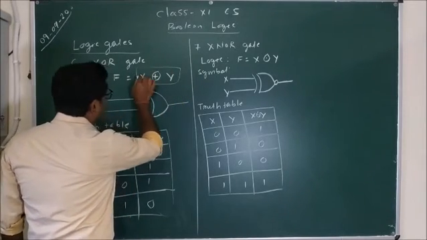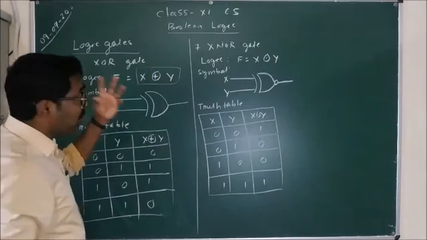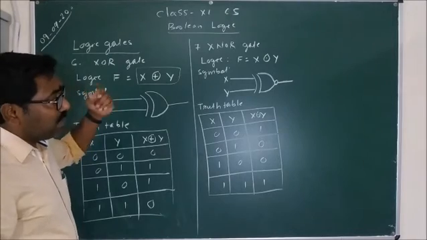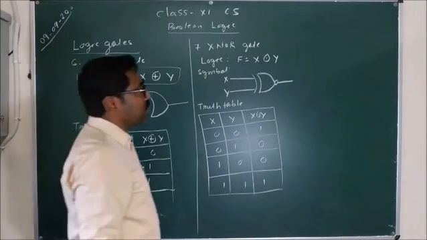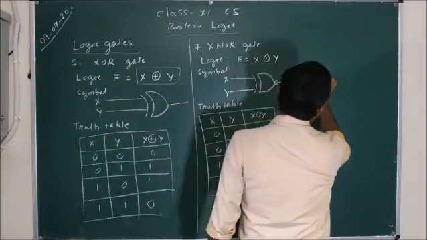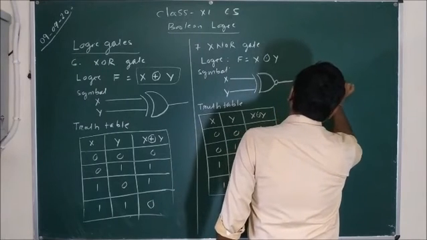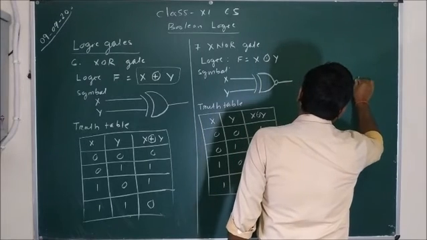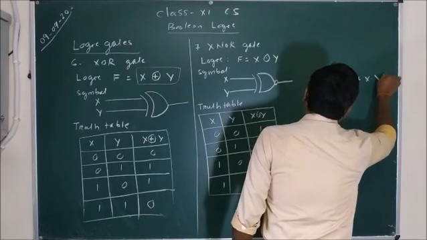This is the symbol of identification of the operation of the XOR gate. Basically it is used to solve the equation F is equal to X dash dot Y plus X dot Y dash.